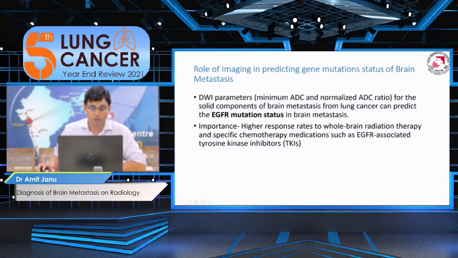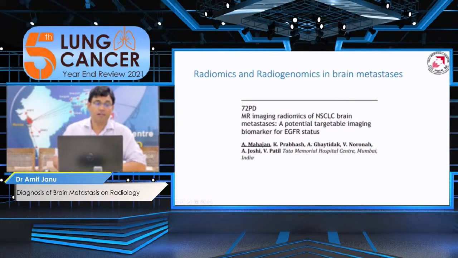So these are semantic features that we can study on MRI. And then there are other radiomics and radiogenomics features, and my colleague Dr. Abhishek Mahajan has done his research on the potential targetable biomarkers in brain metastasis in NSCLC patients, which can predict whether this particular patient is having EGFR mutations or not.